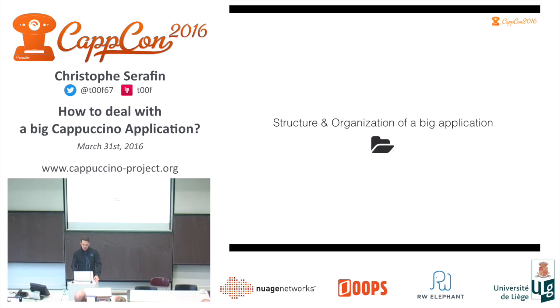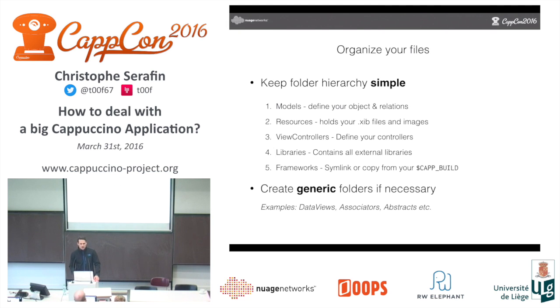Structure and organization of a big application. It's very tempting at the beginning, when you have a lot of features, to try to create a very complex architecture, with many folders and one folder per feature. To be honest, we tried this approach and it was not working.